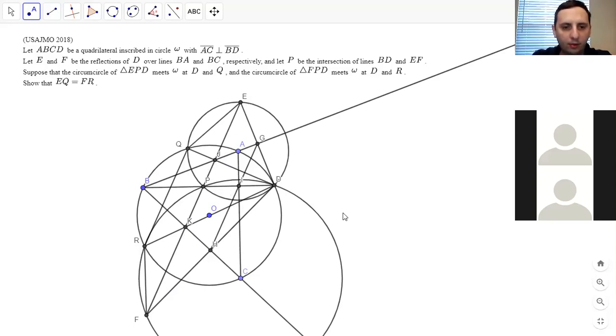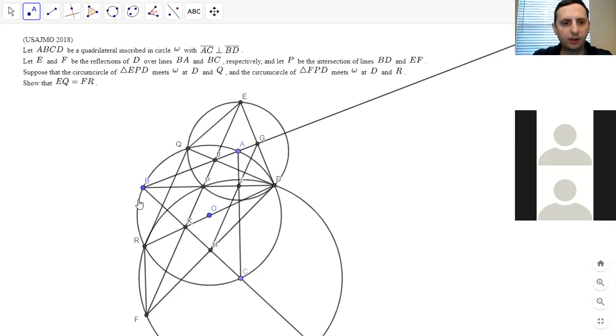Okay. So I feel like we're getting a lot of information here. So, okay, we have angle EQP is QDB, and we have angle RFP is RDB. So DB is like an angle bisector here, right? Is that obvious?